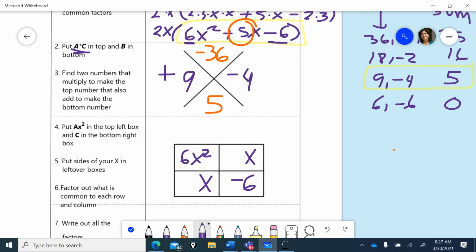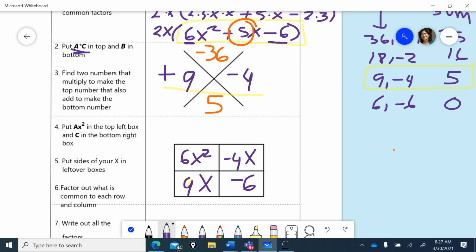Now we are going to write these numbers that I found here. So one is positive 9x, and the other is negative 4x. Okay, so now I am going to factor out what is common in each row and each column.